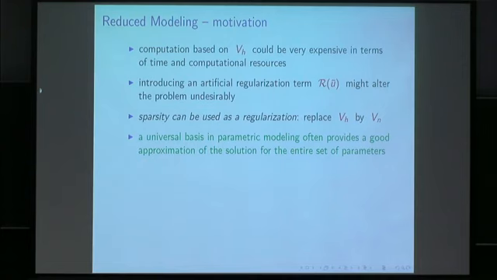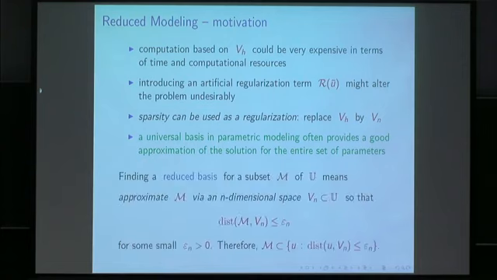At the beginning it seems almost impossible, because we have this infinite dimensional compact set, and we want to approximate it via an n-dimensional linear space. However, in most practical problems it seems that this is the case.